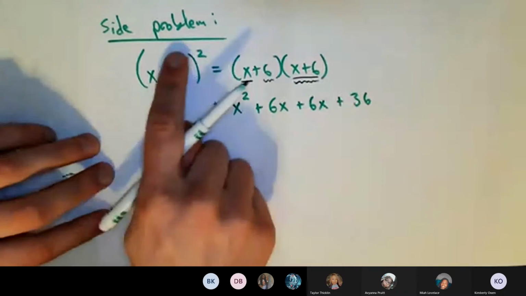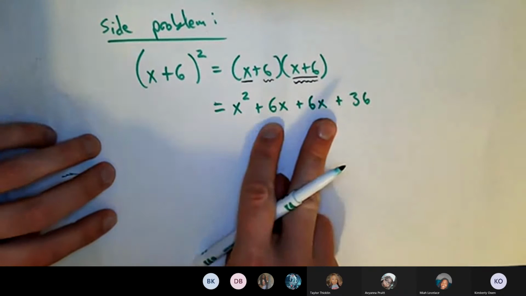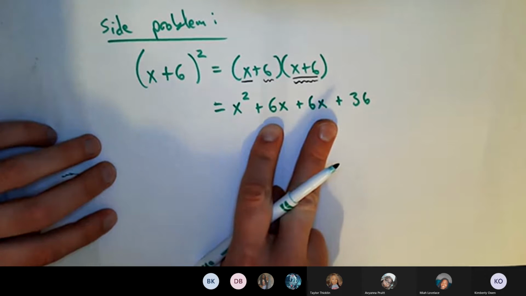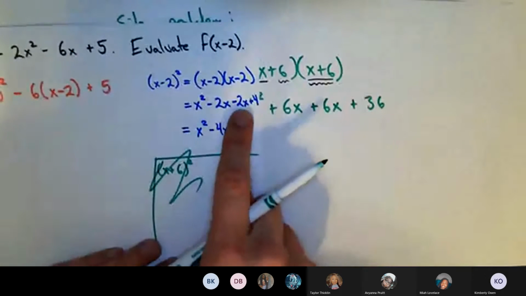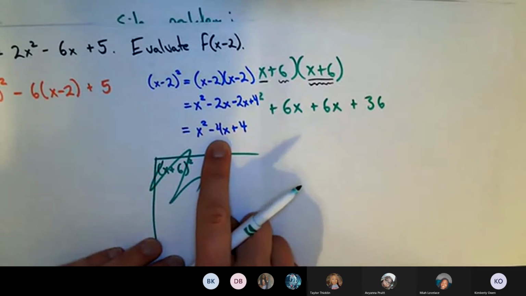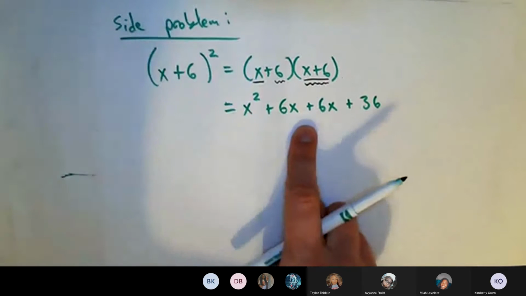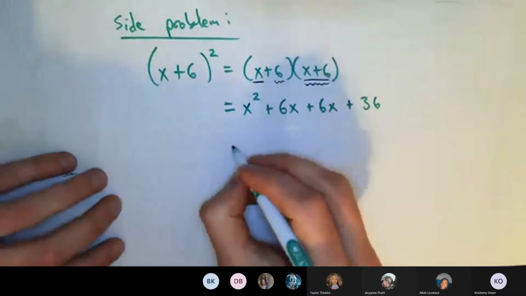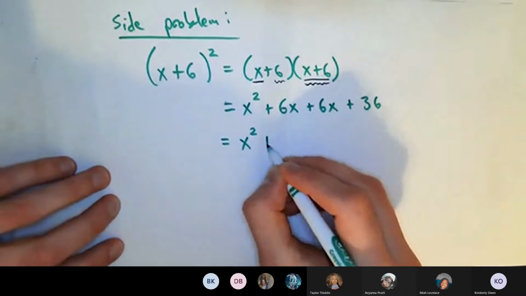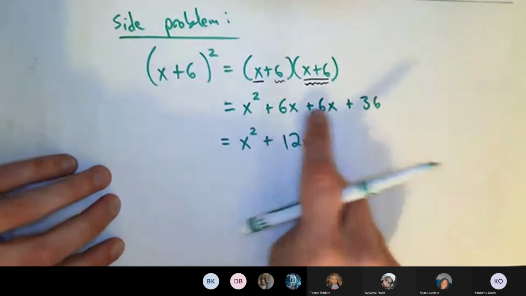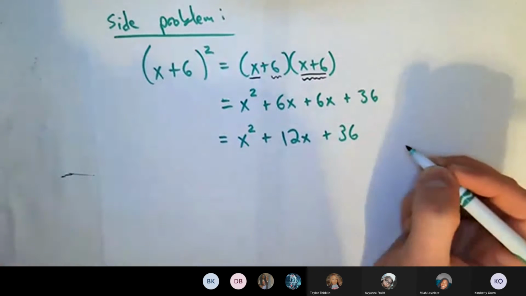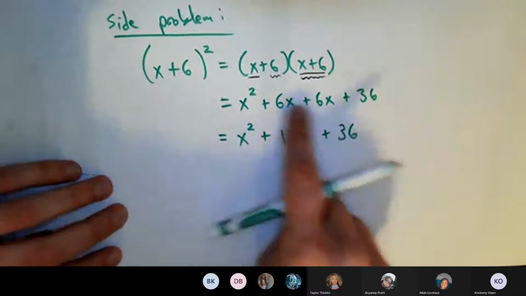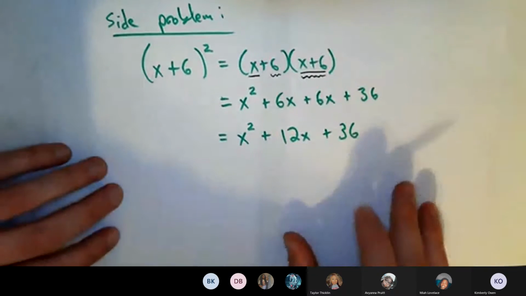Whenever you're squaring something like this, the two central terms are going to end up looking exactly the same, and they're going to double each other. Just like back here when I had two negative 2x's and they doubled to become a negative 4x, same thing's going to happen here. My two 6x's are going to double to become a 12x. They don't cancel each other out, right? They double down. If they're both negative, they become more negative. If they're both positive, they become a bigger positive.